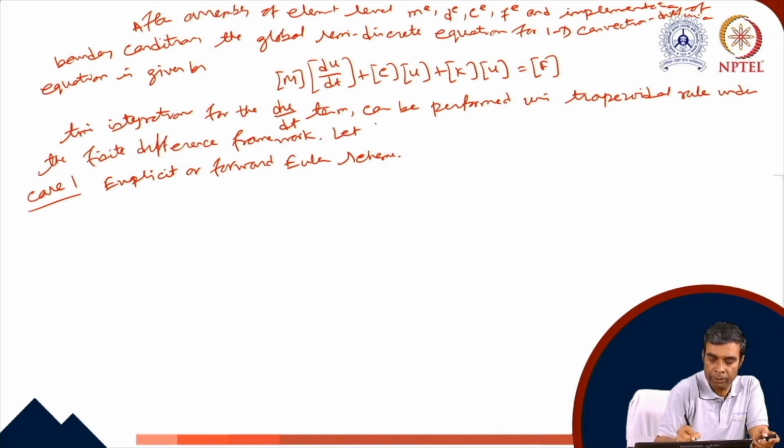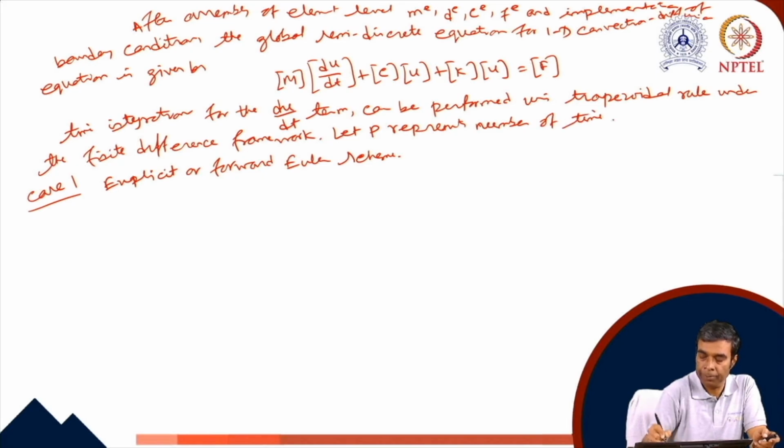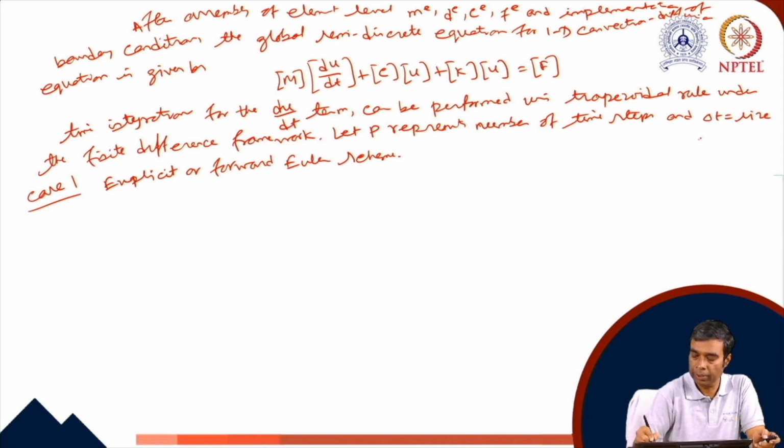Let P represent the number of time steps and delta t equal the size of the time step. If delta t tends to infinity, we get a steady state condition.